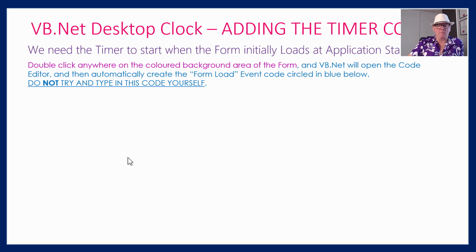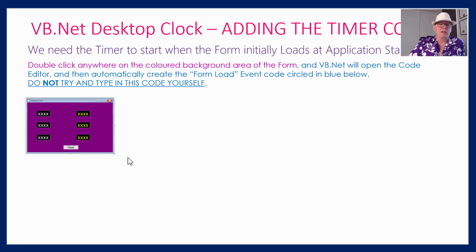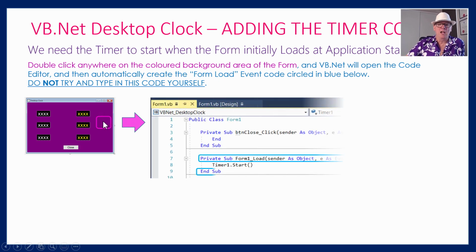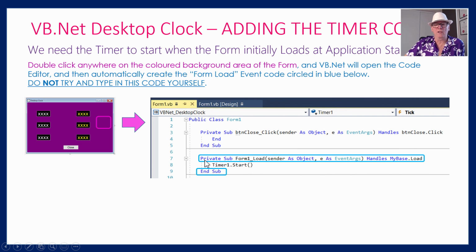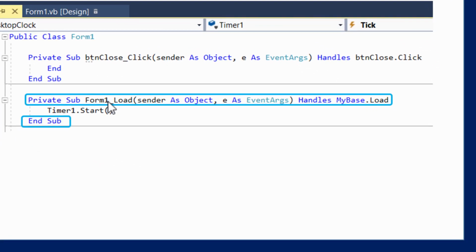VB.NET will write some more code. This one is a Form1 Load subroutine, okay? So when that program starts up and the form loads, straight away before it does any other code, we just want it to do some things here.